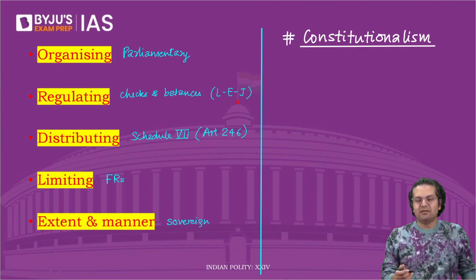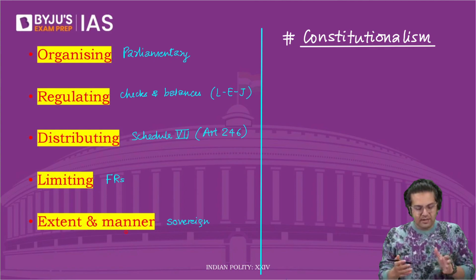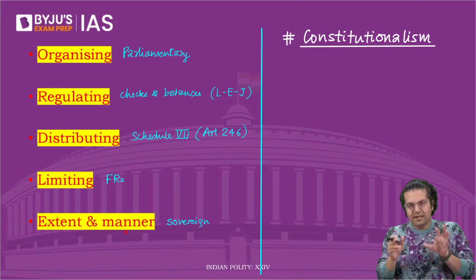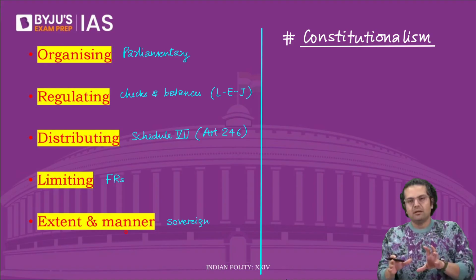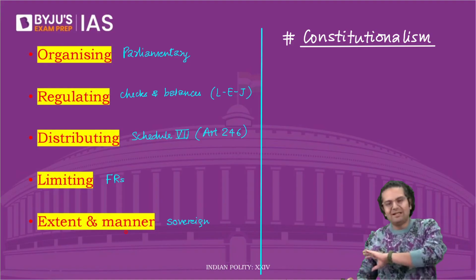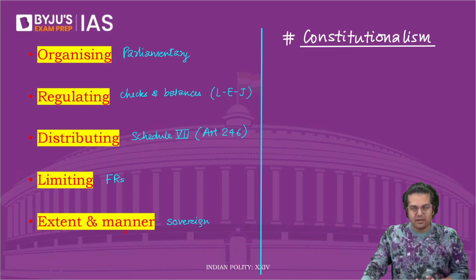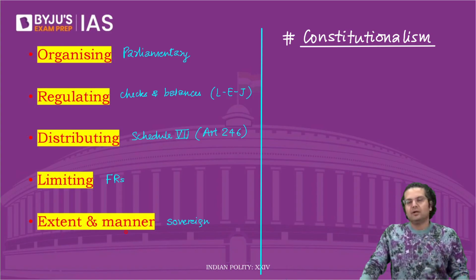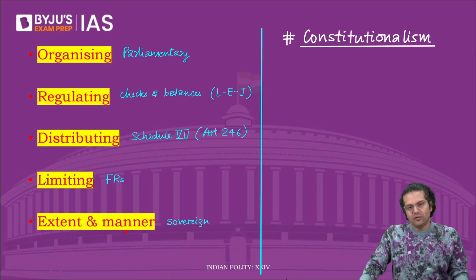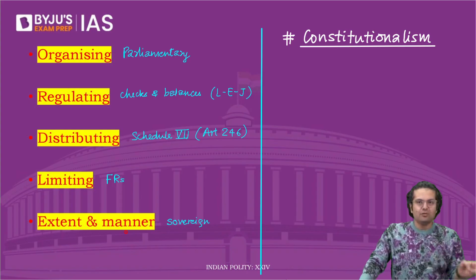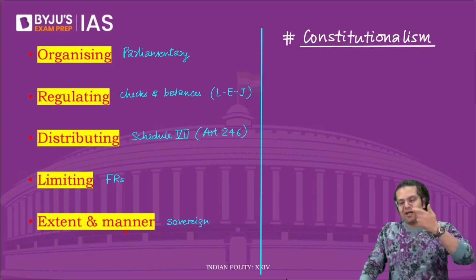Extent and manner. See, we are sovereign, and the extent is that India's sovereign power lies in the entire territory of India. Remember, the territory of India, which means what? The states, the UTs, and any future acquisition.